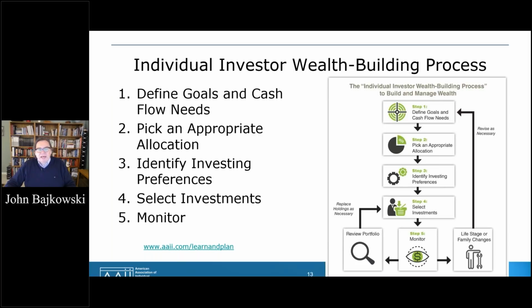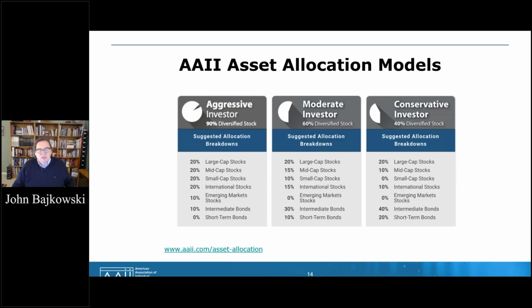One of the things it has is this appropriate asset allocation piece. So we've spent some time trying to figure out what are some basic kinds of models to use. These are 3 different models if you're aggressive, moderate, or conservative. And there are some techniques to help figure that out: where you are in your stage of life, how much money you have, how much time you have before you're going to actually need your money to pull it out, and how much risk you can tolerate.